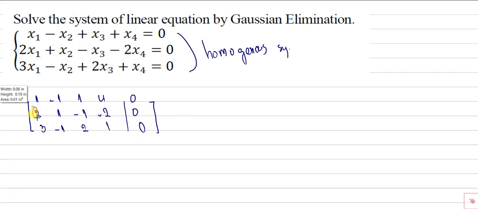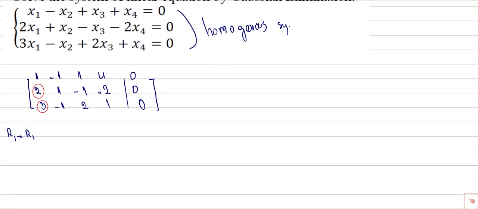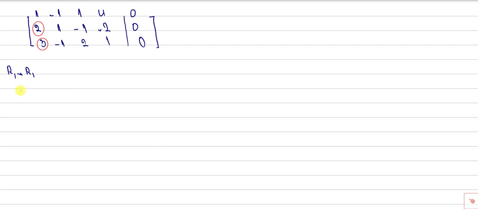So we convert 2 to 0 and 3 to 0. Now I write R1 is from R1, R2 is from R2 minus 2 R1, and R3 becomes R3 minus 3 R1.